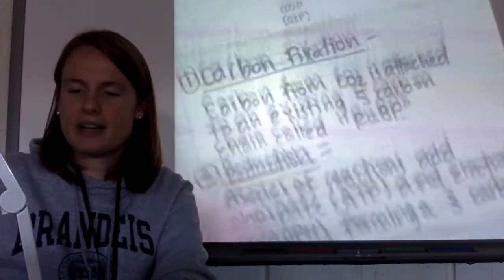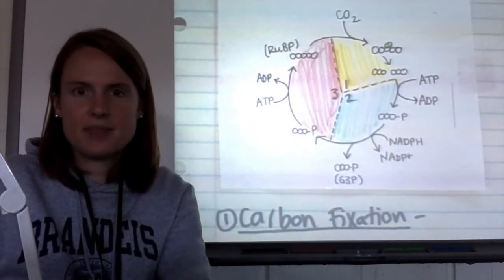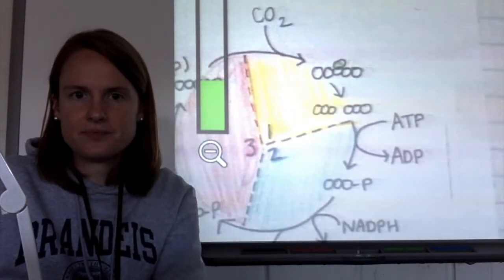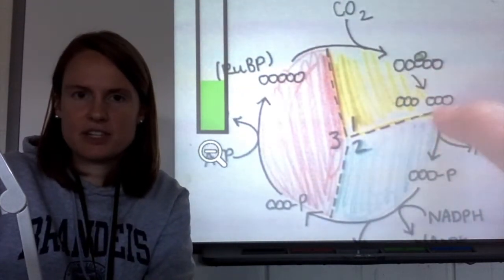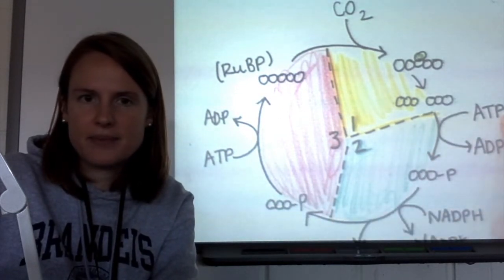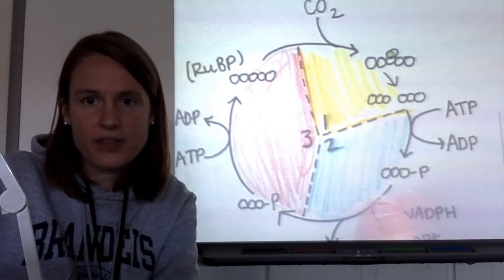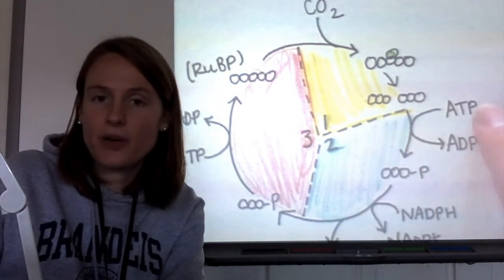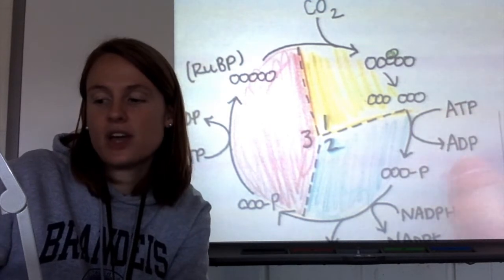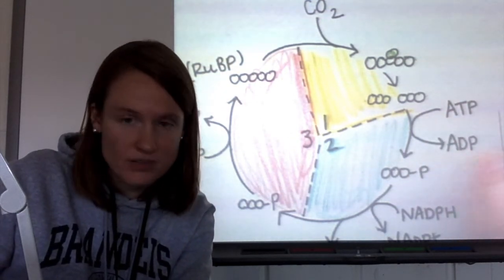So if we go back to our diagram so I can show you what's going on. We're here, right? We just finished carbon fixation. We're in reduction now. So ATP is adding a phosphate. See how that P wasn't there before on that 3-carbon chain? You'll also notice that I wrote that it is made into ADP, and I didn't write a Pi there.